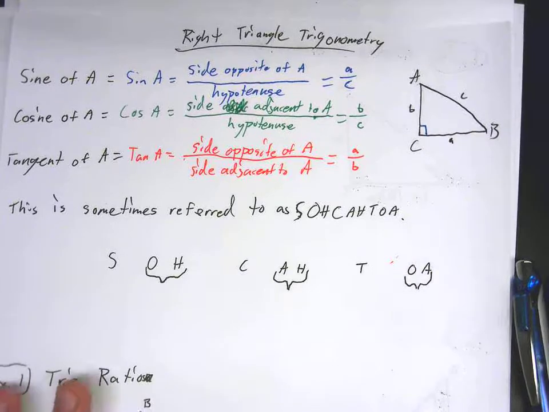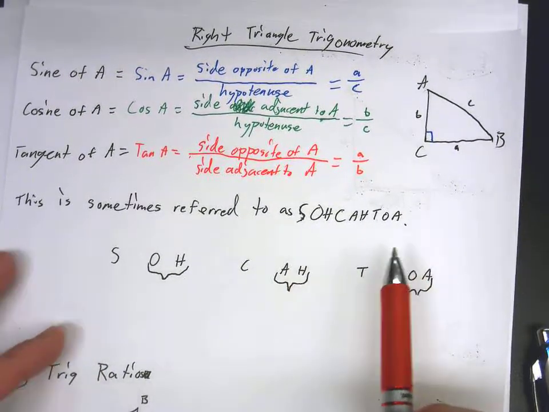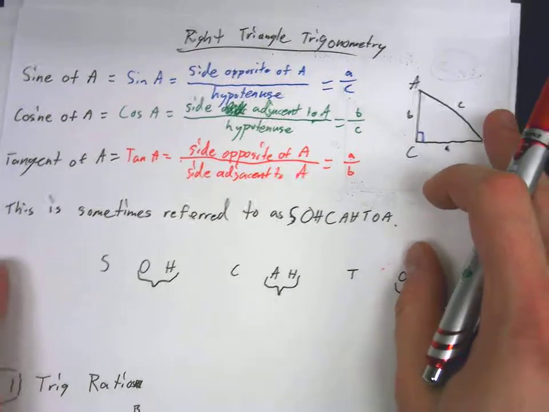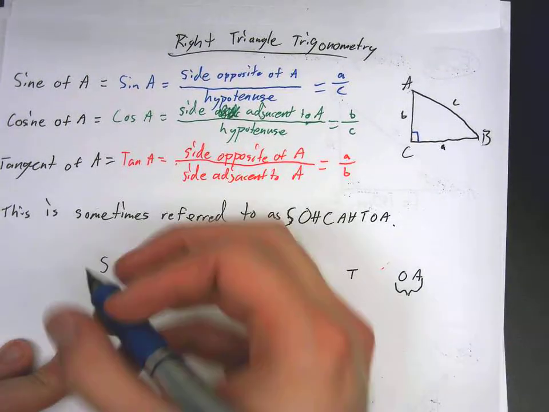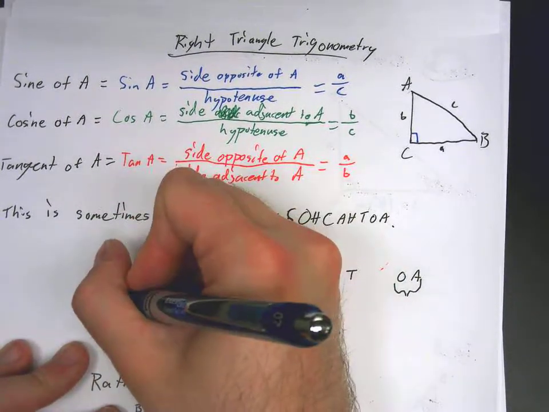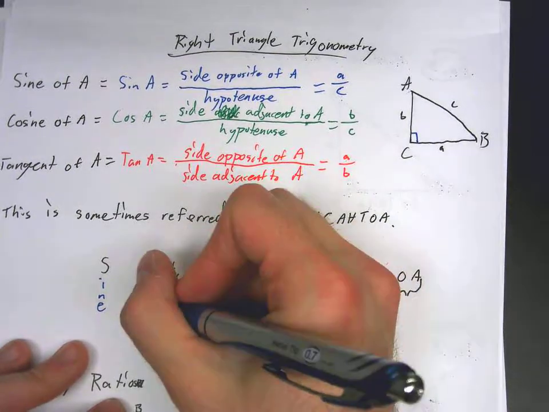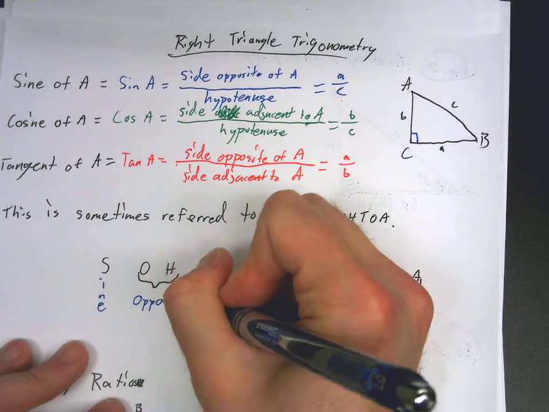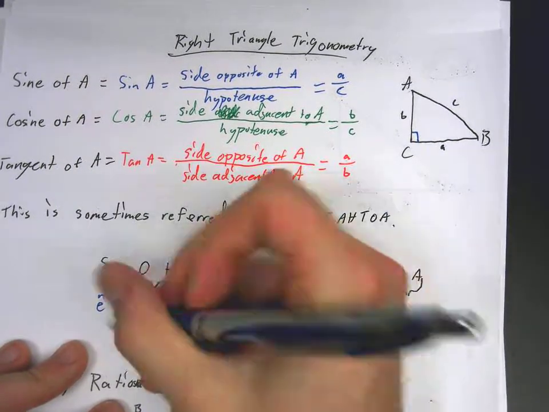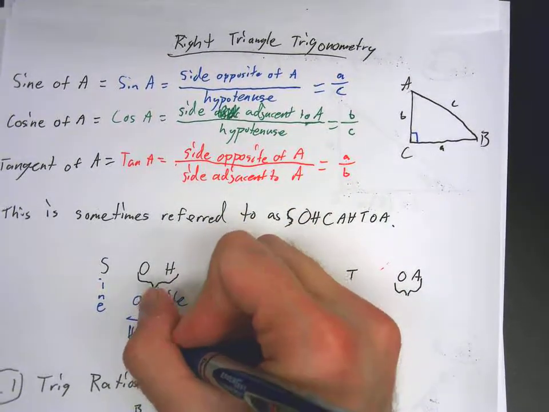Now, really quickly, just to finish this up, this is sometimes referred to as SOHCAHTOA. I'm not a huge fan of this, but I wanted to throw it in here so if you had seen this before, you'd know that this is what we're talking about, where S stands for sine, and then our O is going to be opposite over our H, which is hypotenuse. Excuse me.